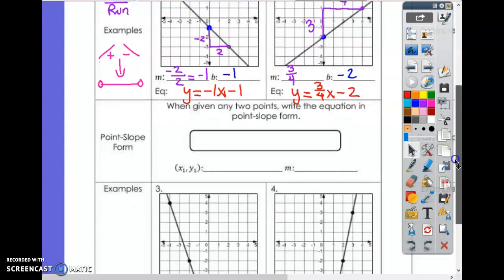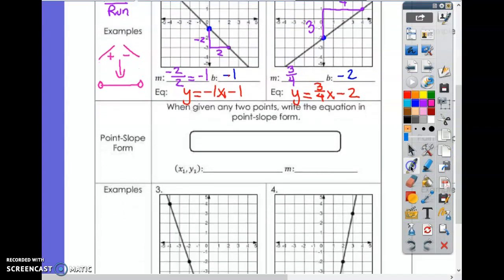On the bottom, now we're doing point slope form. Point slope form is when they give you a point, right, and a slope. If they give you a point and a slope, then you can use point slope form, and that's y minus y1 equals m parentheses x minus x1.